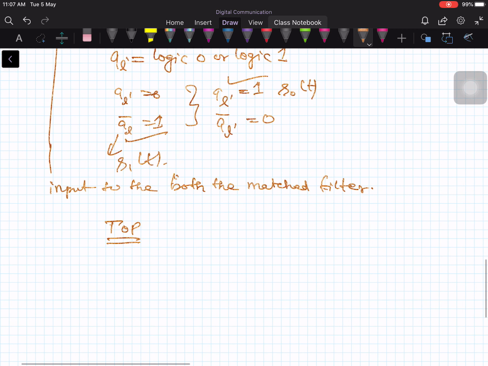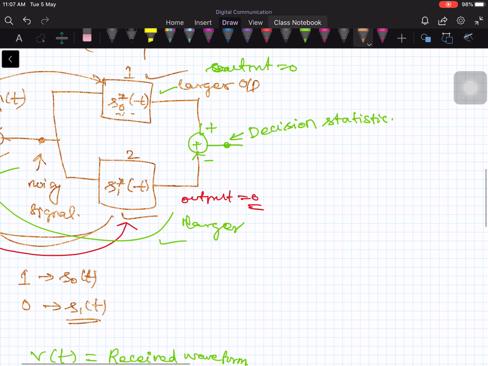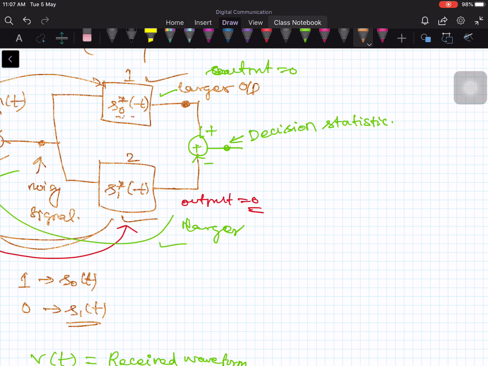So the top one, let me call the top matched filter output U0 of t, and this one let me call U1 of t.